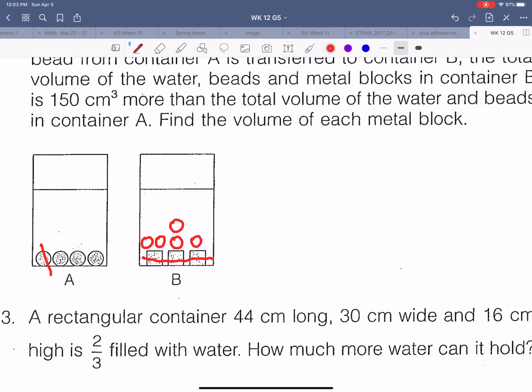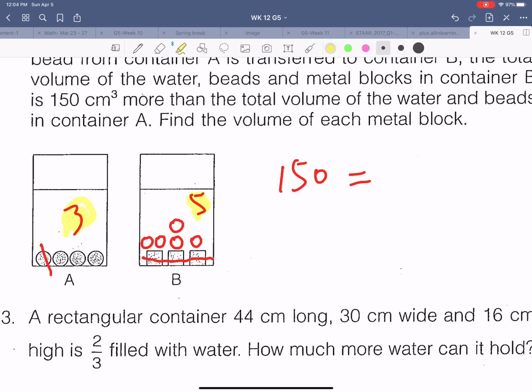So right now, how many beads do we have for each one? Container A has 3 beads. Container B has how many? 5. It says right now the volume of container B is 150 centimeters cubed more than container A, and A has 3 beads.